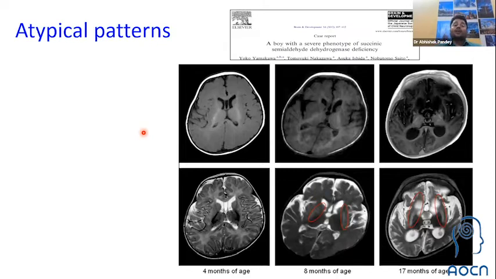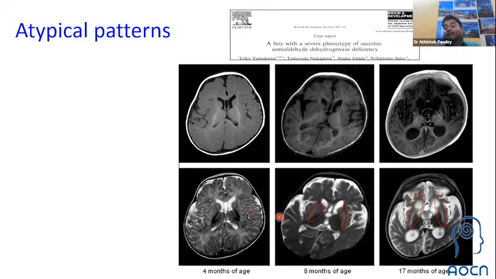There are certain atypical patterns that have been described in the literature. This case report was done in 2011, where they reported a child who initially presented at 4 months of age with hypotonia and developmental delay. However, the MRI done at that time was normal.